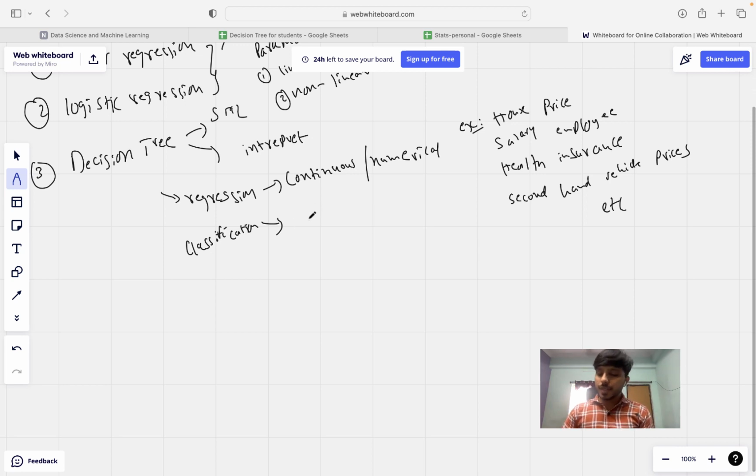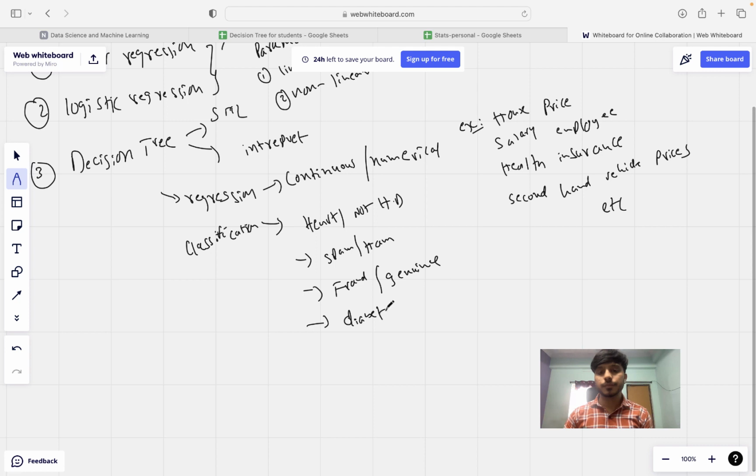Let's say if a patient has heart disease or not, if an email is spam or ham, is a transaction fraud or genuine, or does a patient have diabetes or not.